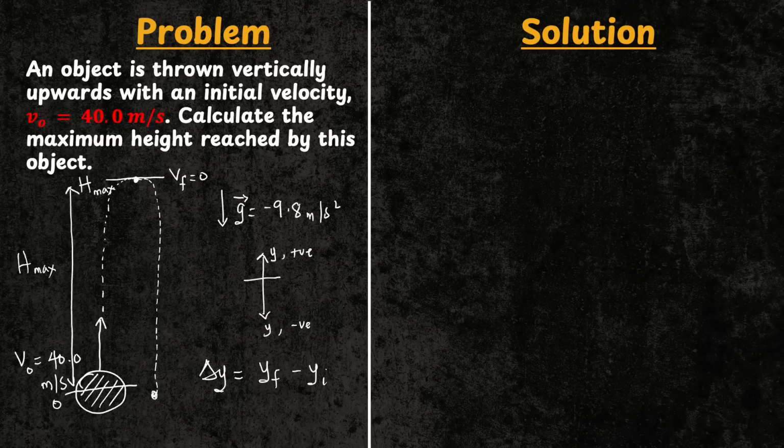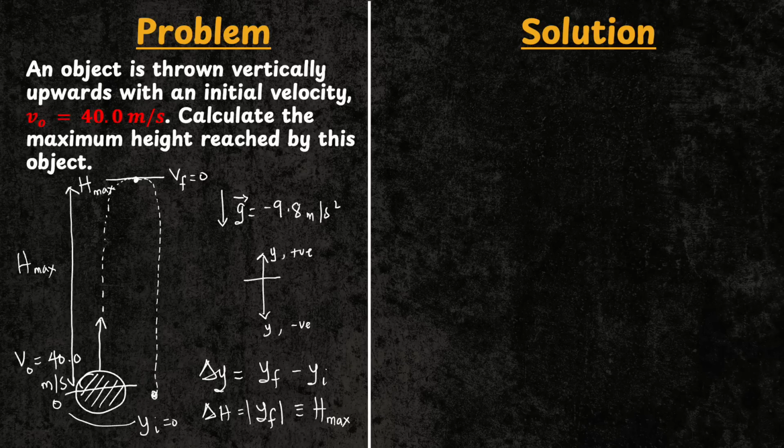So setting our y initial here equals 0, gives us our delta y to be just equal to y final. That is the maximum distance it could reach at the top. So with that, we can call that our maximum height, h max.